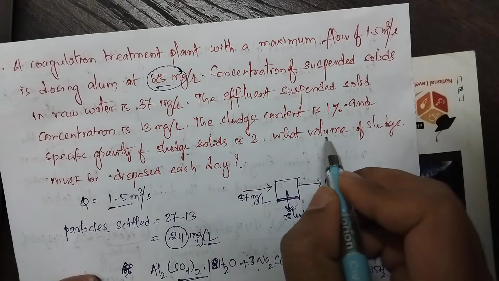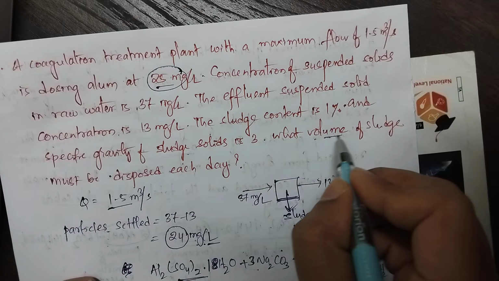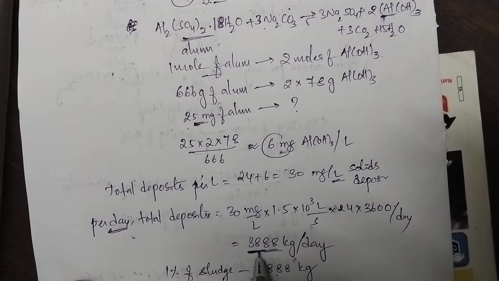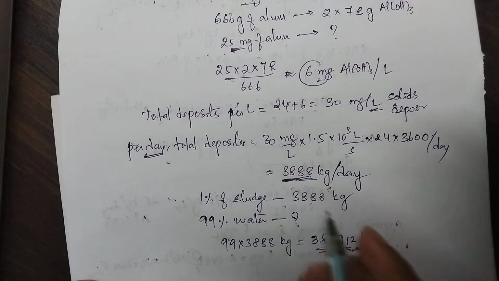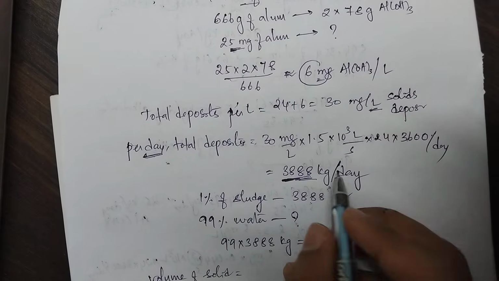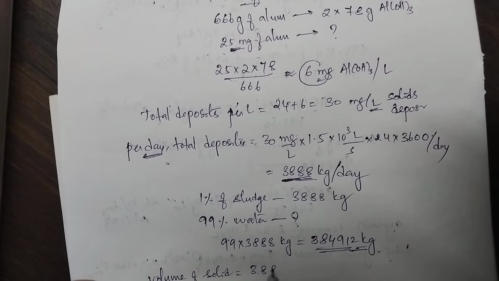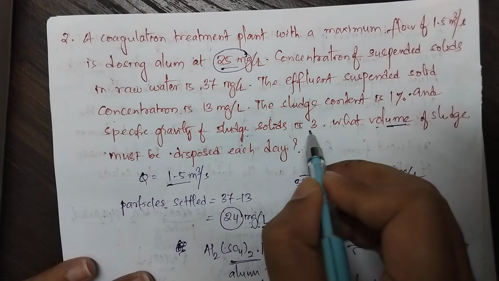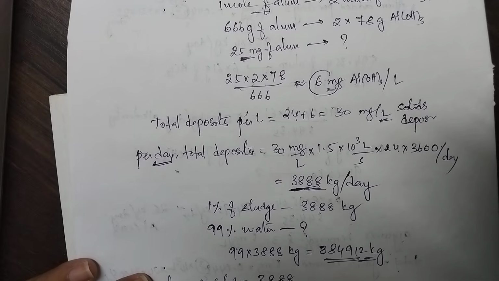Okay, so what exactly is asked in the problem? It is not asked about mass of solids but volume of sludge. So we need to convert the mass of solids and mass of liquid into volumes, by using density. So volume of solids deposited would be mass by density, that is 3888 by, given that the specific gravity is 3, we can say the density is 3000. So this would be roughly 1.3 meter cube.